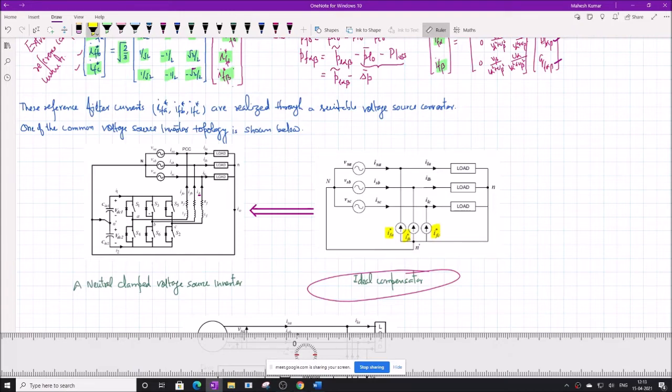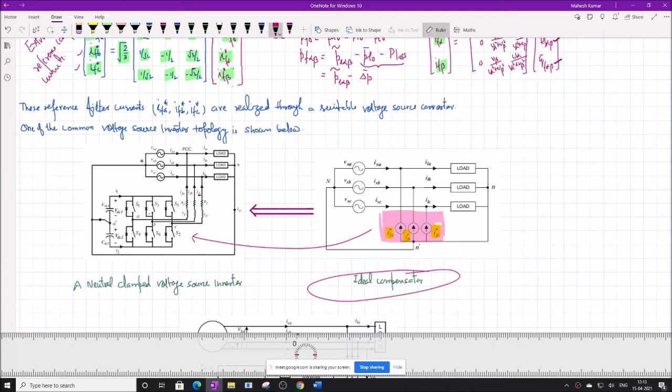But to realize them, we need a practical compensator, a real power circuit that can synthesize those reference currents. We have to use some circuit for the compensator to realize this, and normally this is done with the help of a voltage source inverter, which comprises the DC link and IGBT or MOSFET switches.